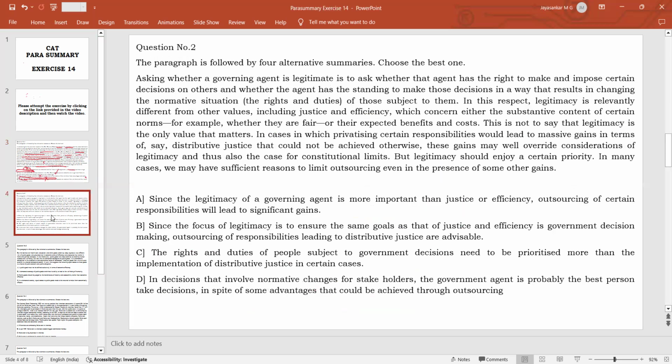All right. Go to question number 2. Question number 2 again is talking about whether government agencies should directly implement certain decisions or whether they should outsource the decisions to private agencies.